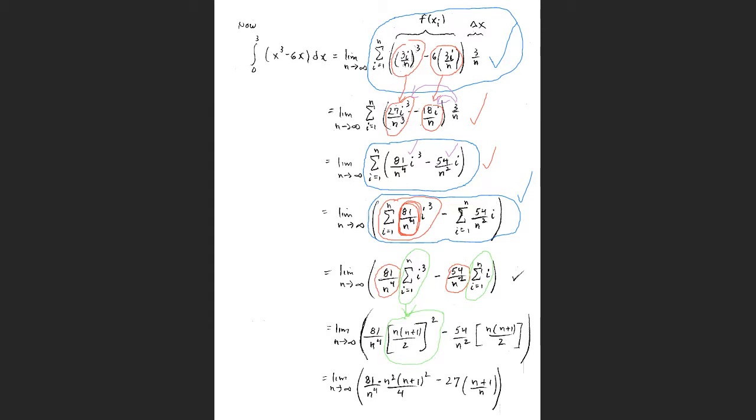And then the sum where i equals 1 to n of i, which is just 1 plus 2 plus 3 plus 4 plus all the way up to n, that summation is going to equal n times n plus 1 over 2. Okay, so now my entire expression here is a function of n only, and I can proceed to take the limit.